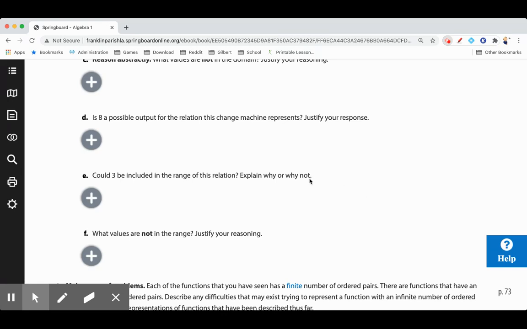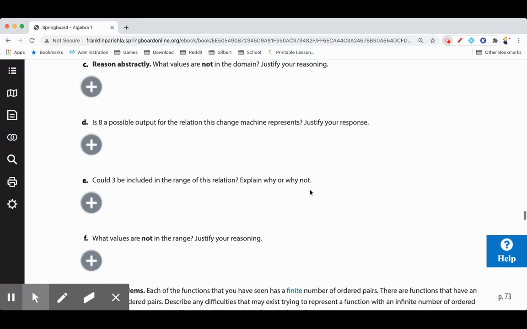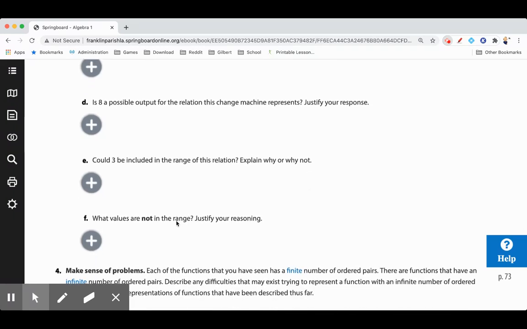You can't put in $1 that would give you 3 quarters out. So what values are not in the range? Any of the numbers that are not 0, 4, 8, 12, 16, and 20. If it's not those numbers, you're not getting it out.